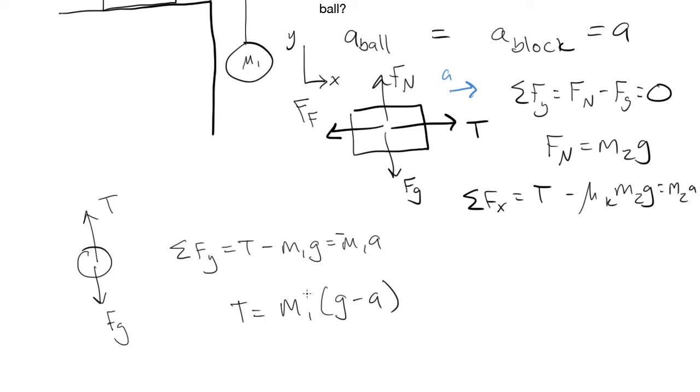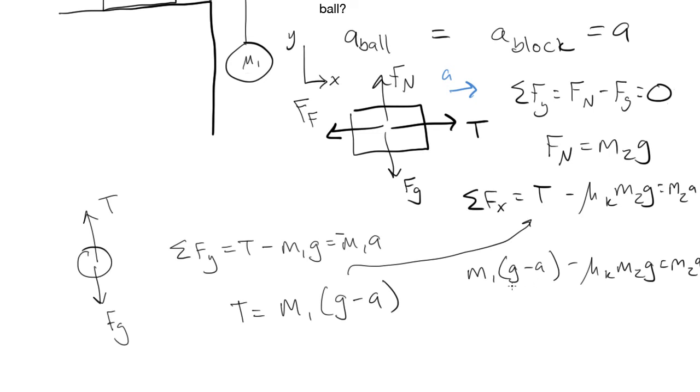All right. Now that I have an equation for tension, I can plug it into this equation, and I get a big, sloppy, ugly equation. I get mass 1 times (G minus A) minus mu sub K M2 G is equal to M2 times A. So now I've got kind of an ugly equation, but the good thing here is that I know everything except for acceleration.